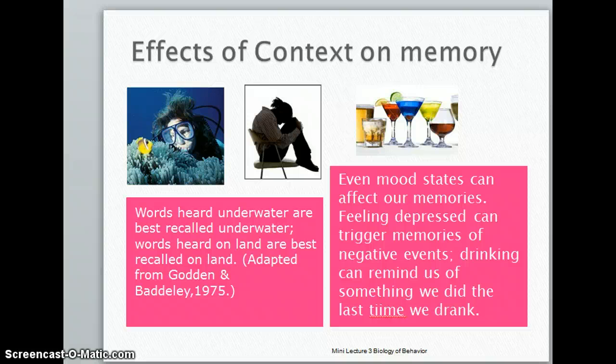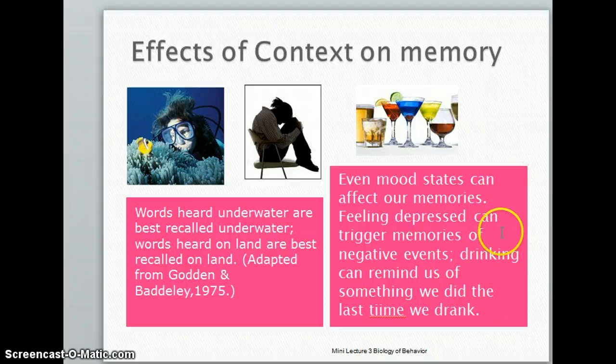For example, one example from your textbook is that there's been some research that has shown that words heard underwater are best recalled when you are once again underwater. Words heard on land are best recalled on land. So that would be the context, either being underwater or being on land, can serve as a cue to remind you of information that you learned the last time you were underwater or on land, for example.